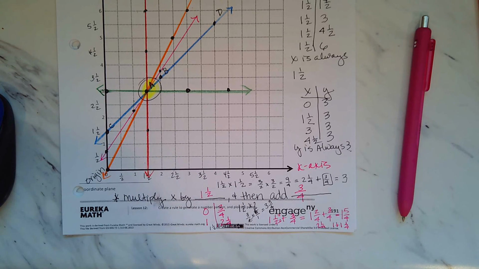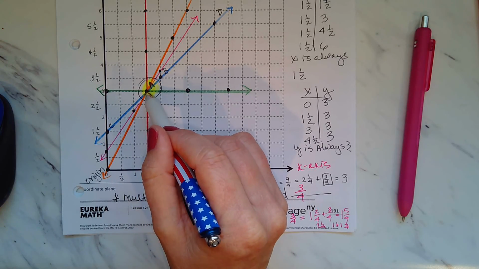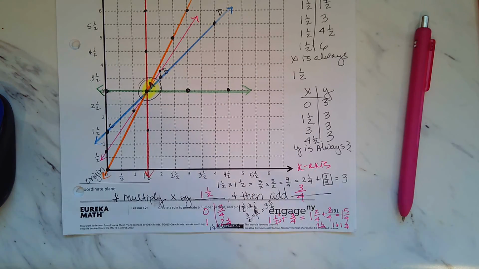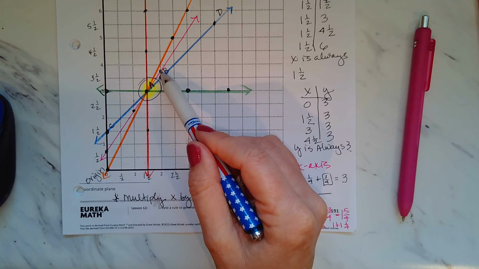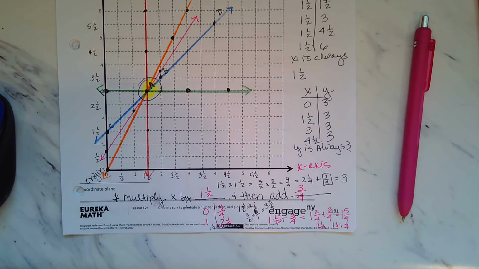I plotted my point. Then I went 1 1/2. And then I tried 2. 2 ends up being 3 3/4. So that's how I generated my new line.